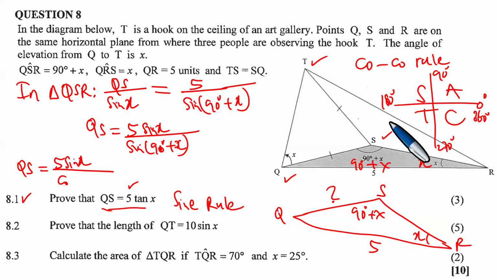When you say 90 degrees plus, you are making 90 degrees larger towards 180, in the second quadrant, where the sign is positive. But there's a cofunction change to the cosine of x. But what is sine x over cosine x? It's tan x. So indeed we have proved that QS is 5 tan x by using the sine rule.